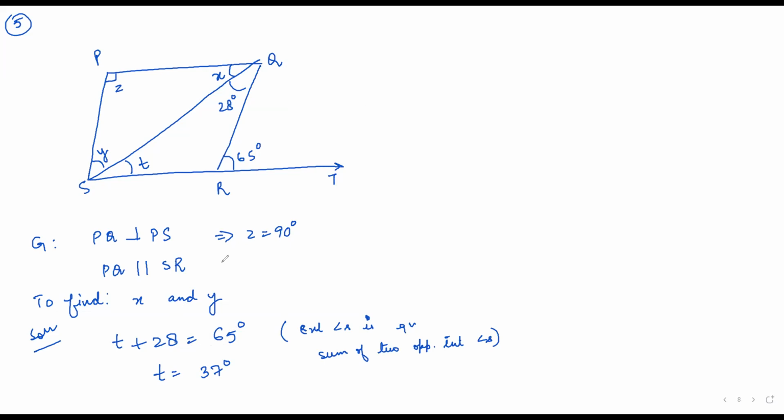Now, see, it is given that PQ is parallel to SR. So if the two lines are parallel and there's a transversal, this angle should be equal to this angle, right? Yes, alternate interior angles. So ultimately, your angle X is equal to angle T, which is an alternate interior angle. So angle X is equal to 37 degrees.